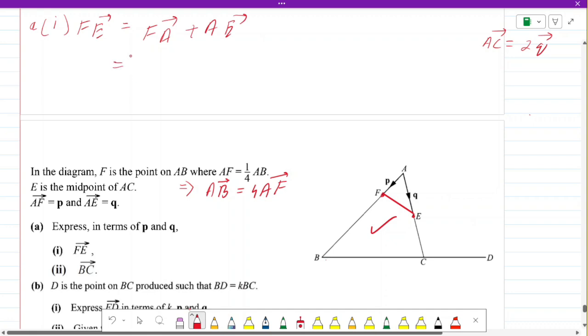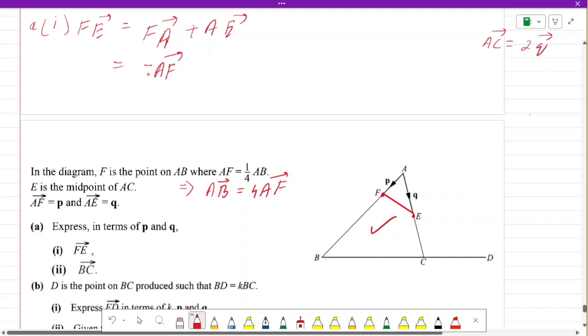And in vectors, directions matter a lot, and you can observe here in this diagram that the original direction is from A to F, and we are going from F to A. So FA is negative vector of AF, because we have traced in opposite direction.